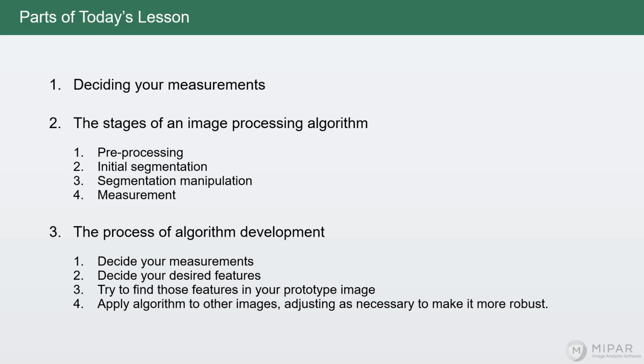We'll then talk a lot about the stages of an image processing algorithm, the purpose of each step, and how they chain together so that you can have one in mind, the next one in mind as you're working on the earlier one. And then we'll touch on the process of algorithm development, how you go about putting one together, getting it to work on multiple images.